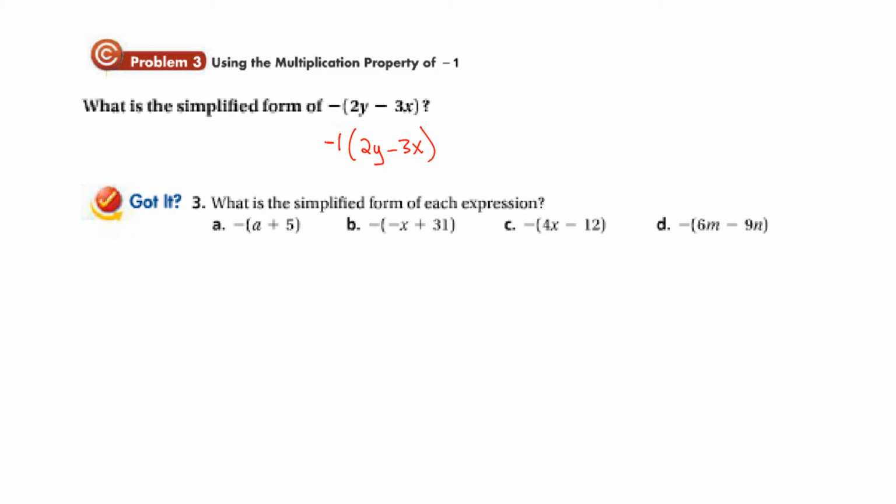And what happens when I distribute negative 1 is everything inside the parentheses changes sign. 2y becomes negative 2y, and minus 3x will become plus 3x. Now I'd like for you to try the guided problems 3a, b, c, and d.